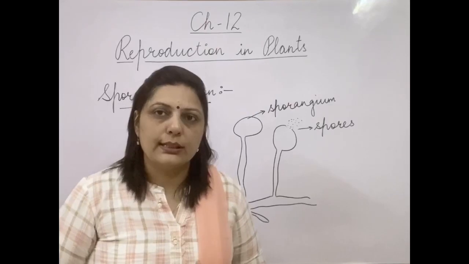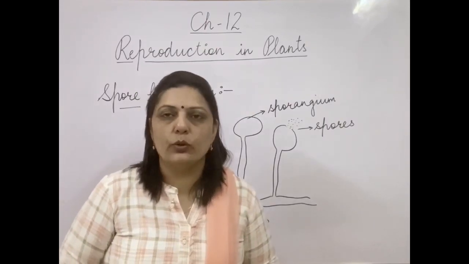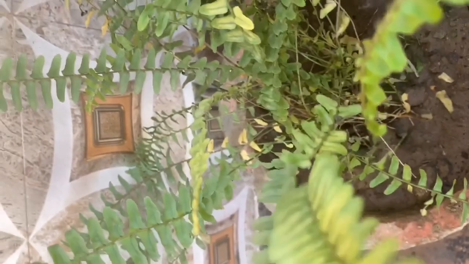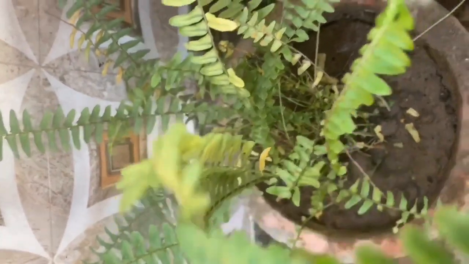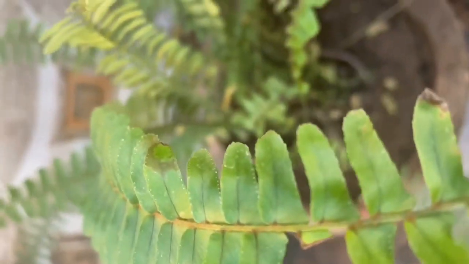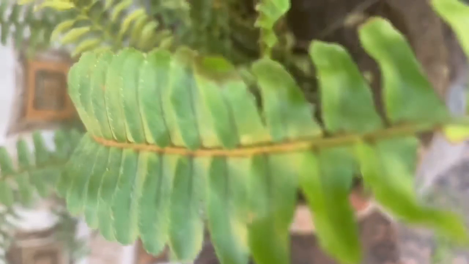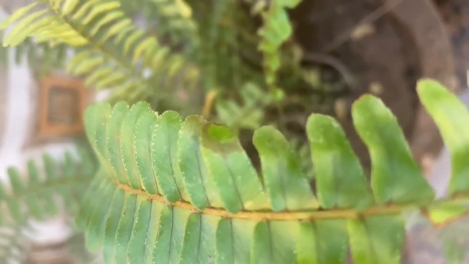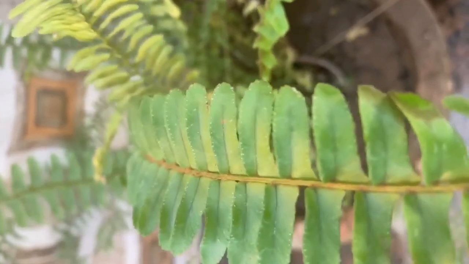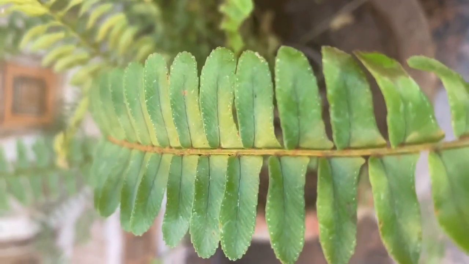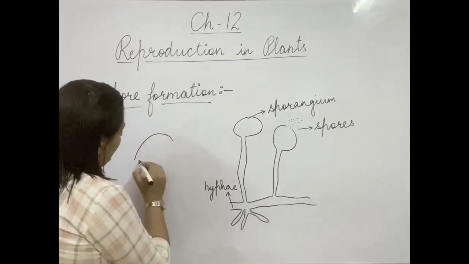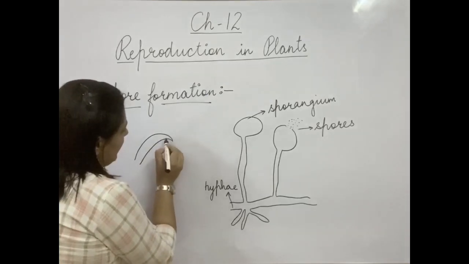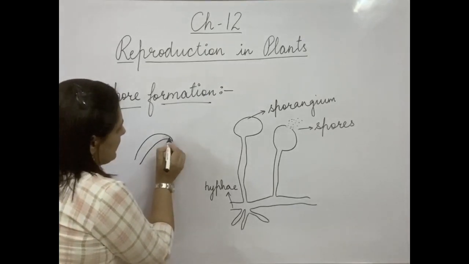But mosses and ferns are certain plants you can see in your book also. This is a fern which has white colored structures on the edge of its leaves, which are actually sporangia containing the spores. All ferns will have such structures. At the edge of the leaf, like if this is the leaf, there are spores present here.